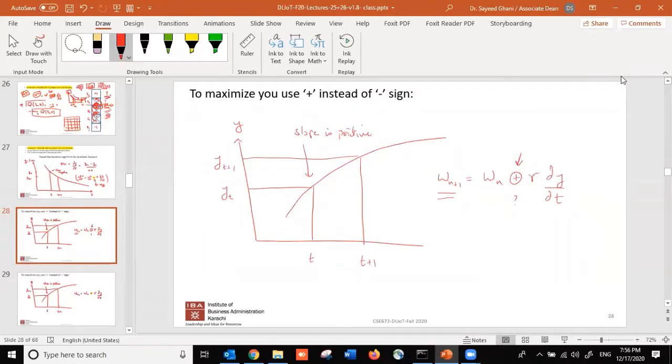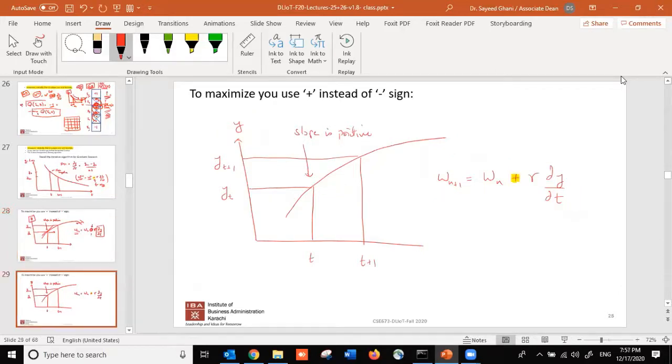Yeah, it would be a plus instead of a minus, because we're now trying to go according to the slope. So if the slope is positive over here, we want to go in this direction. If the slope is negative over here, we want to go in the reverse direction. Okay, so we use a plus sign over here. We again have a learning rate, and we're going to take dy by dt, or whatever this y is that we're trying to maximize. We're going to have that rate of change, and we're going to look at it over time.